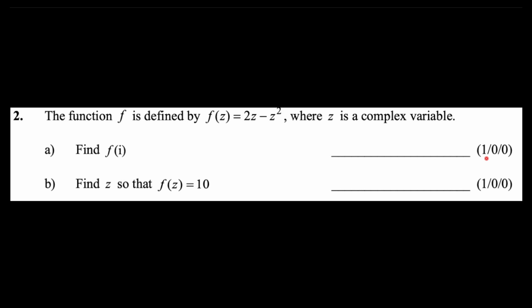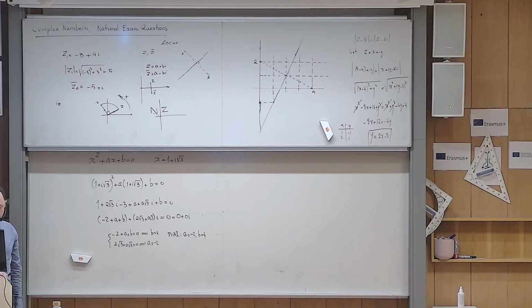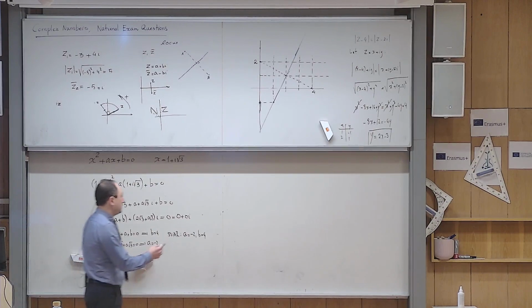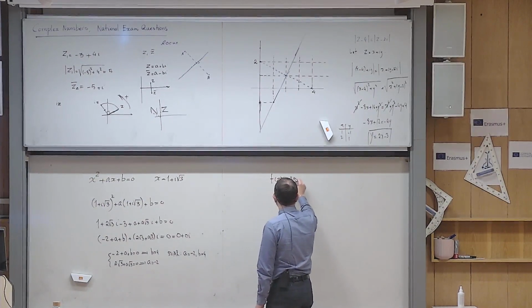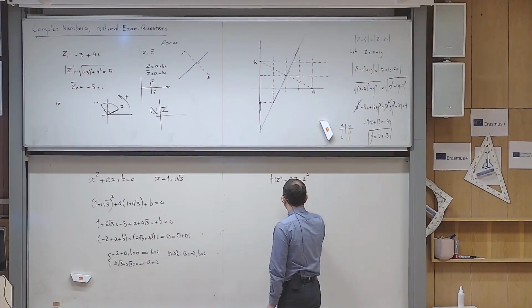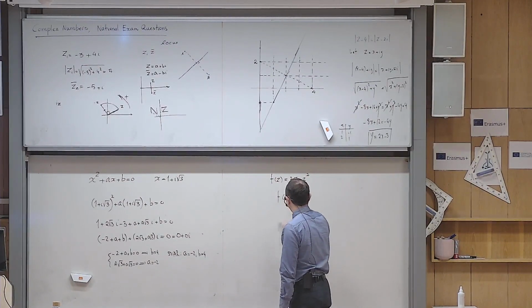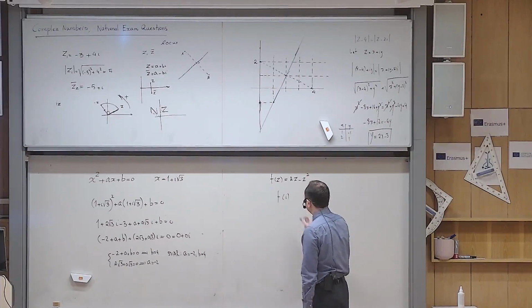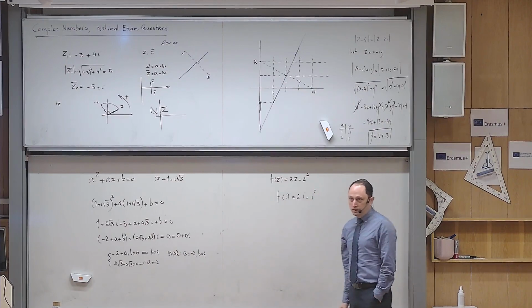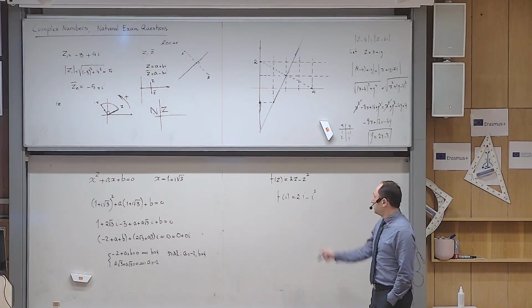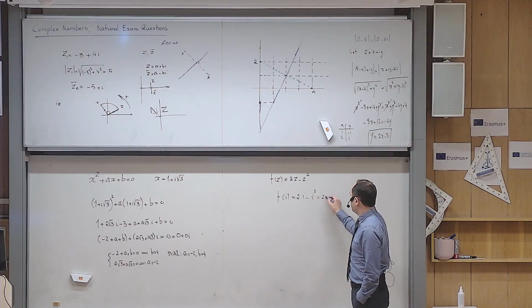But that's extremely simple, yes? Let me just do it myself on the board because I'm sure that you can solve it. So how should we solve that problem? The function f of z is given to you as 2z minus z squared. The first part, they are asking what is f of i, in the usual sense of functions. So this means that I have to replace z with i. And 2i, there is nothing I can do with it.